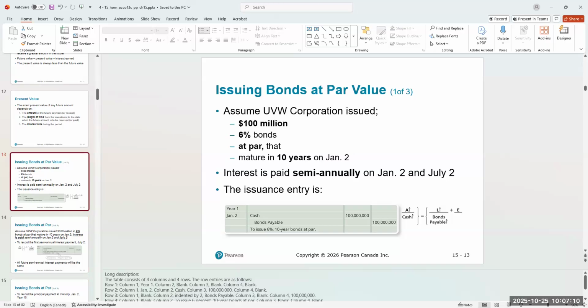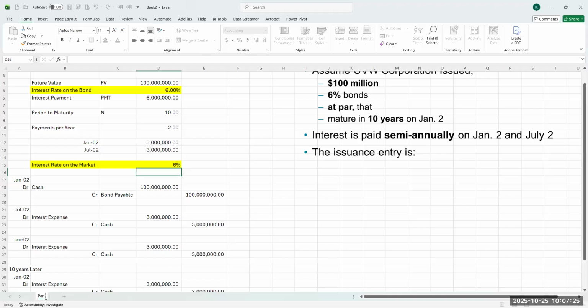In order for you to see this, I'm going to move back to the Excel spreadsheet, and I'm going to show you how we deal with these situations. This one is for par. Then I'm going to flip this one here, and we're going to have between dates.